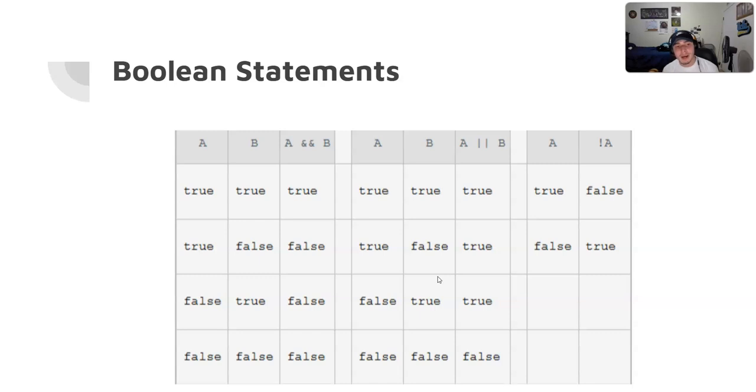As you see, I brought an example of using A and B. With the operator and, if both conditions are true, it will be executed as a true statement. If A is true and B is false, this would only be false. If A is false and B is true, it will be executed as false.